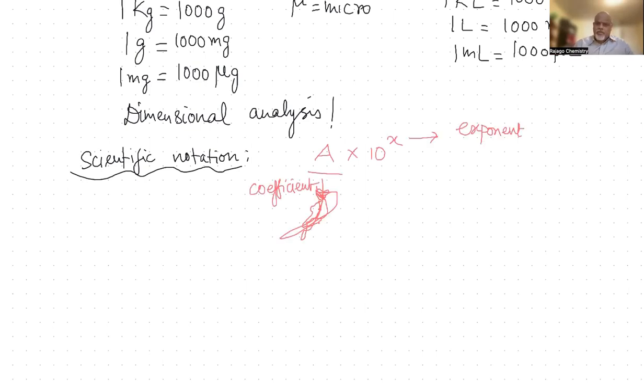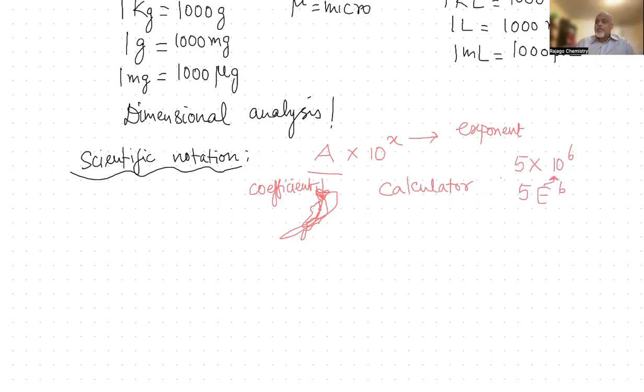If you use a calculator, sometimes it will show differently. If the number is 5 times 10 to the power of 6, the calculator will show 5 e 6. The e is nothing but this 10, so you should be aware of this.